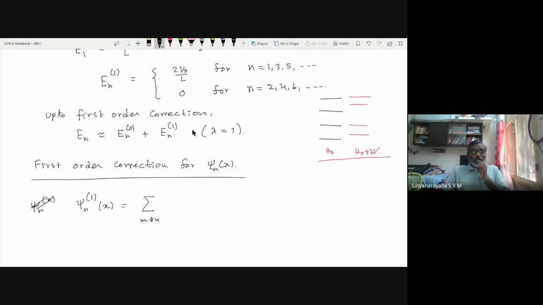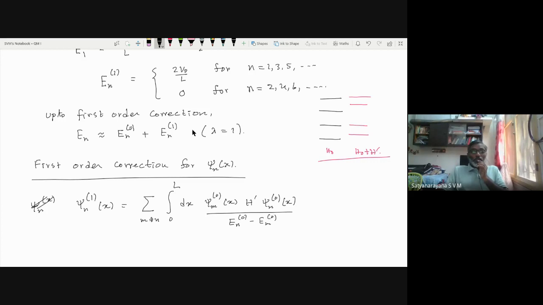integral 0 to L dx psi m0 of x into H prime into psi n0 of x, divided by En0 minus Em0.